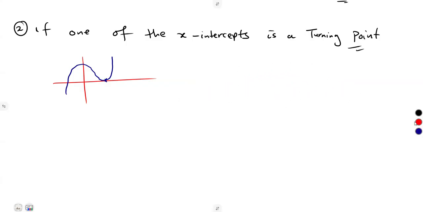If this happens, that one of the points is a turning point, the format is still the same, but you have to be careful where you have a turning point. You treat this part as we have got two solutions here, two values of x.